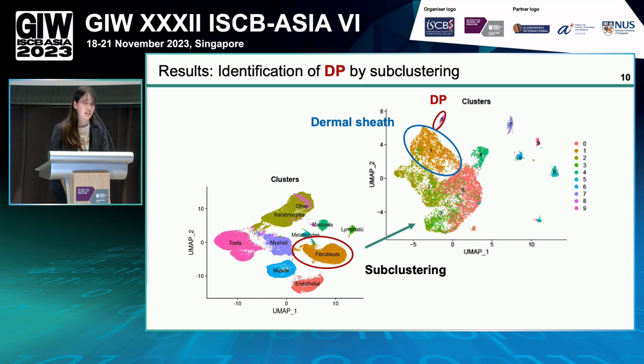Subsequent subclustering results in 10 different clusters. Subcluster 8 shows high expression of marker genes for DP, and subcluster 1 shows high expression of marker genes for dermal sheath. Dermal sheath is progenitor cells of DP.